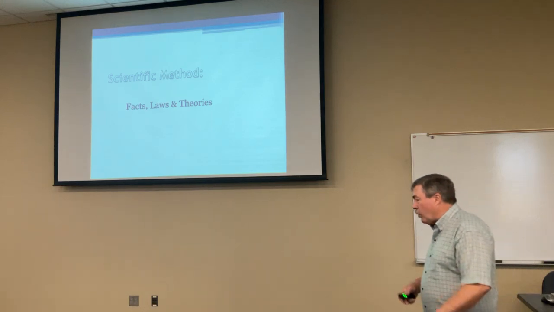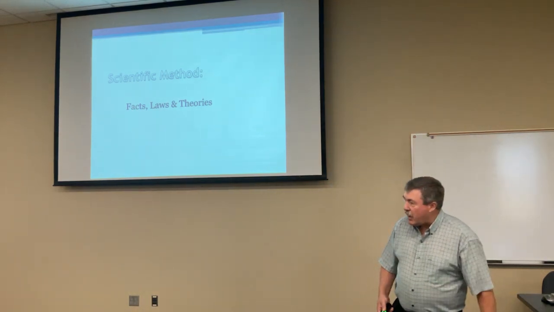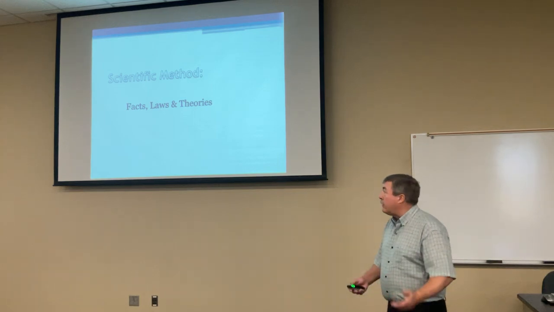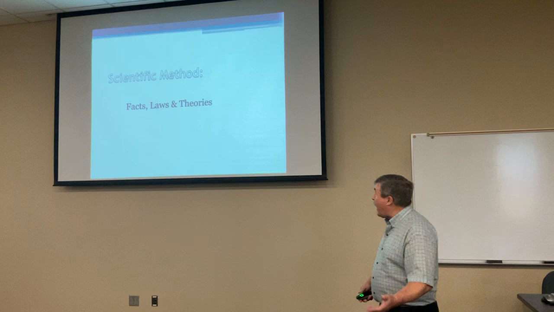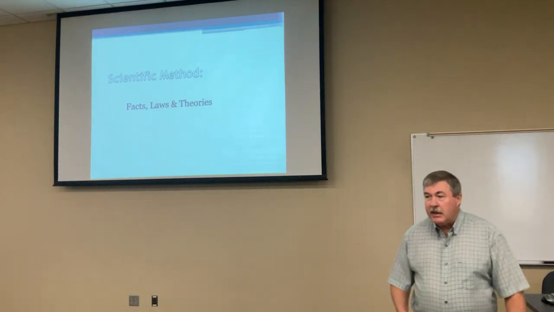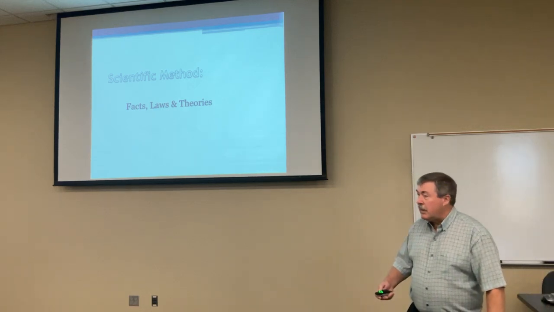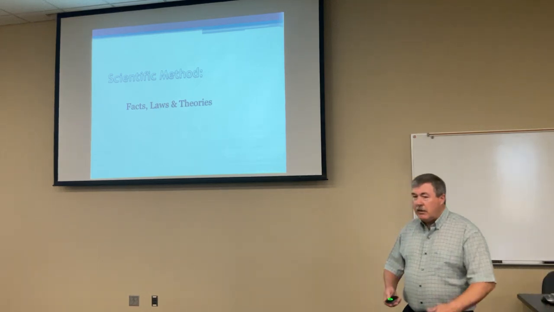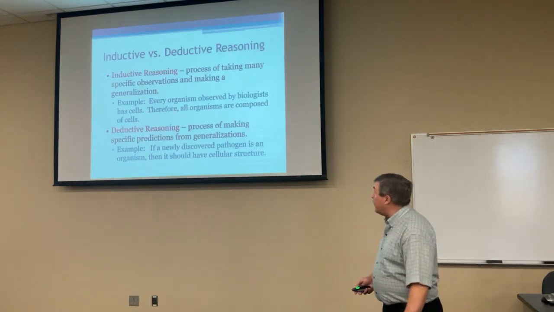It's a way of knowing, a way of understanding the structure of the body and how the body functions. The scientific method involves facts, laws, theories, and there's also a 4th term, hypotheses. So we'll talk about how scientists go about learning new things about the human body.